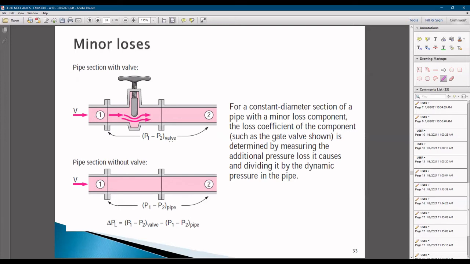For a constant diameter section of a pipe with a minor loss component, the loss coefficient of the component is determined by measuring the additional pressure loss it causes and dividing it by the dynamic pressure in the pipe.